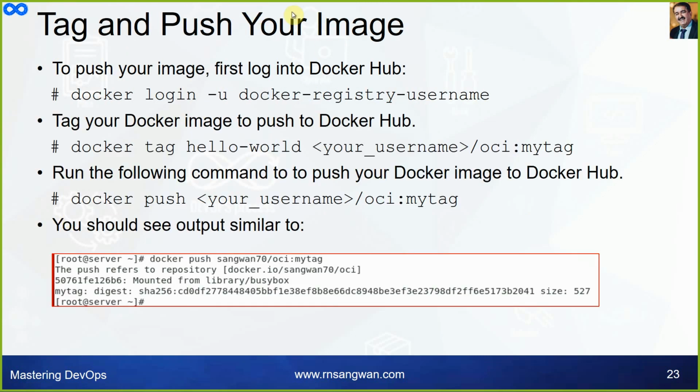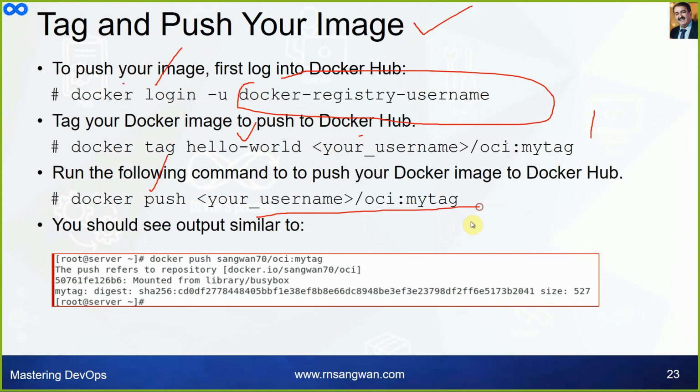Tag this image and push your image to Docker Hub. Docker login, and I use my account name. Then tag, this is a hello world example. You can tag that hello world image also with your username, OCI and tag name, and push followed by your image name.